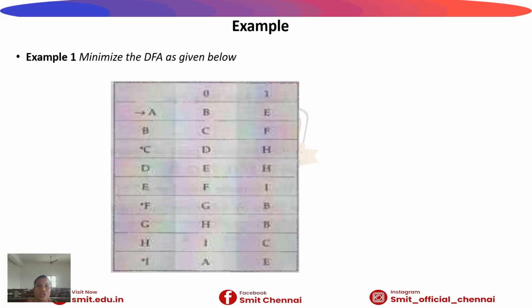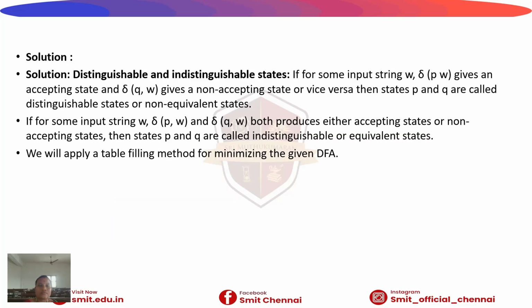On 0 and 1 it goes to D and H, and D goes to E and H, and E goes to I. F is a final state, and on 0 and 1 it goes to G and B. G goes to O and C, and then H goes to B. H goes to I and C. I is also a final state, and on 0 and 1 it goes to A and E. So that is the given problem; now the solution.